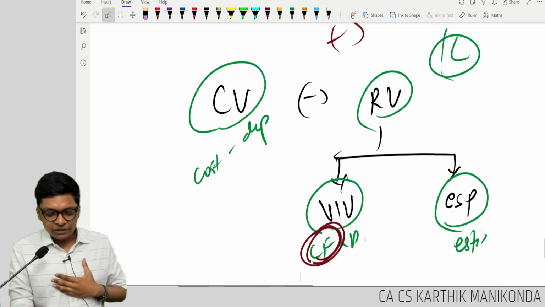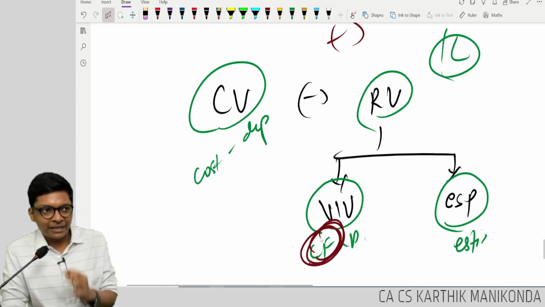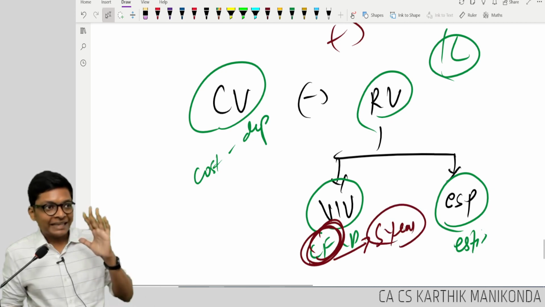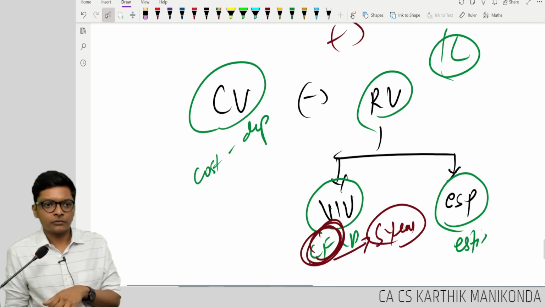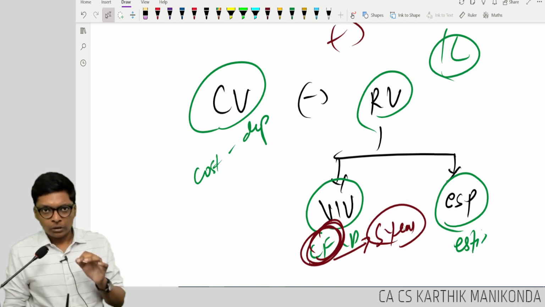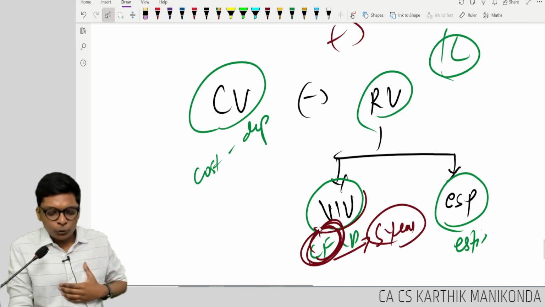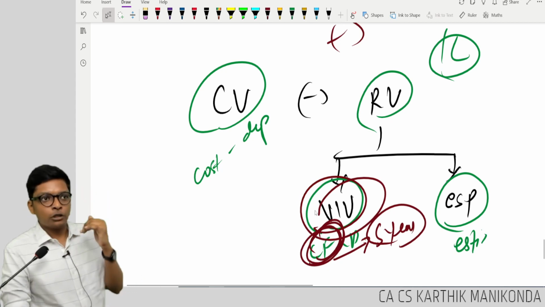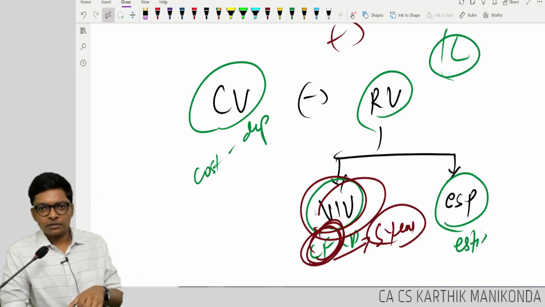You want to take cash flow for the future, take it, but estimate for 5 years, not more than that, is what they recommend in the standard. So if the management has to compute value in use, compute for 5 years and not more than 5 years. Can I do more than 5 years?